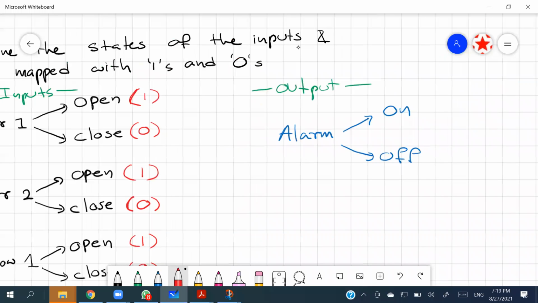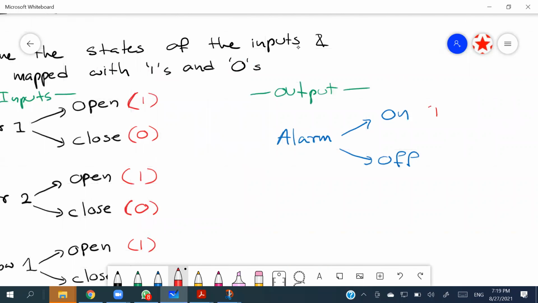And in the same way, alarm on is indicated by 1 and alarm off is indicated by 0. Now, if your scenario does not tell you about the states, you can assume them.